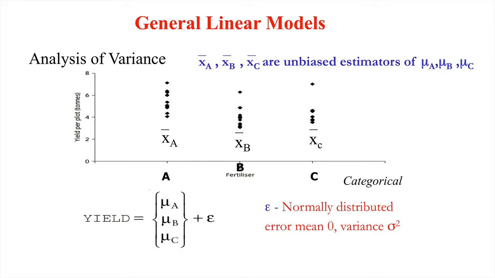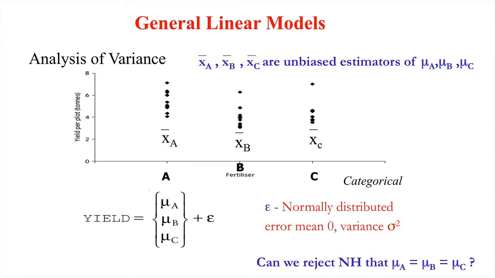And implicit in our analysis is that around these overall effects we have normally distributed variability, and that variability has a mean of 0 around the population level effect and a fixed variance. So independent of what level of fertilizer we have, the variability is assumed to be the same.